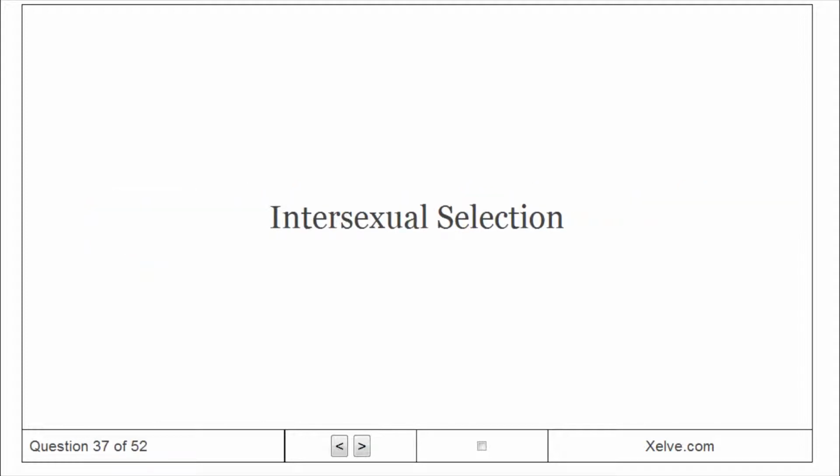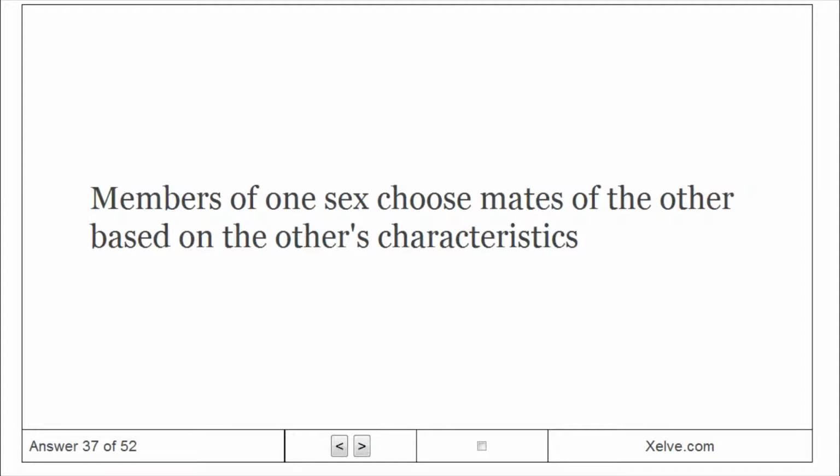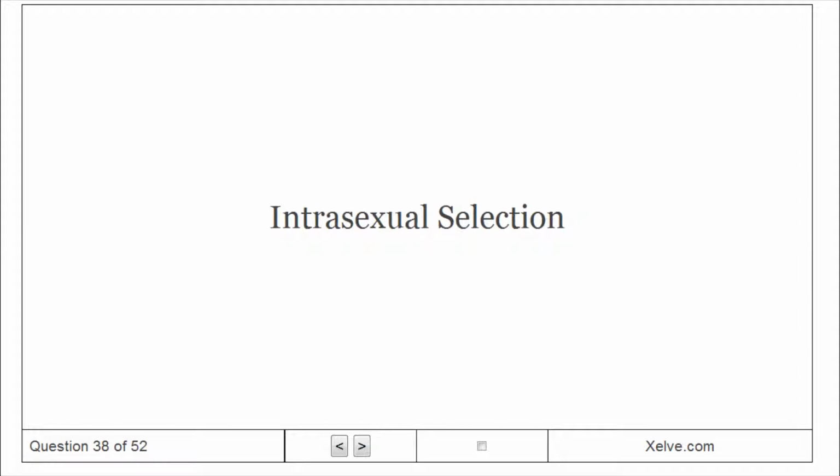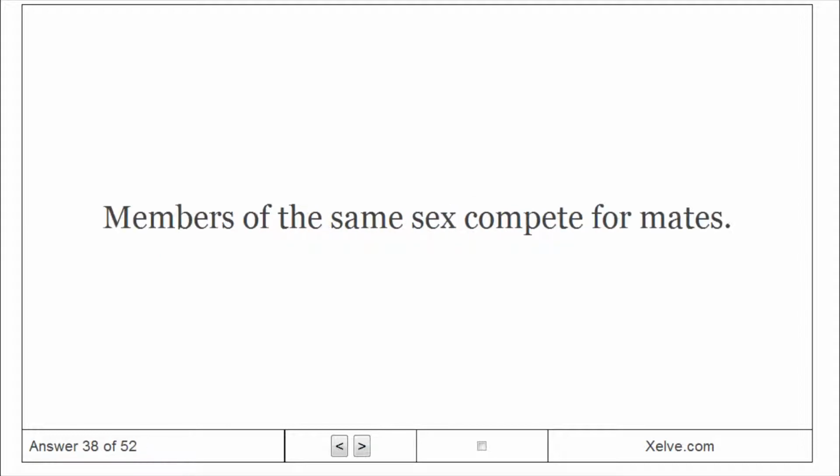Intersexual selection: members of one sex choose mates of the other based on the other's characteristics. Intrasexual selection: members of the same sex compete for mates.